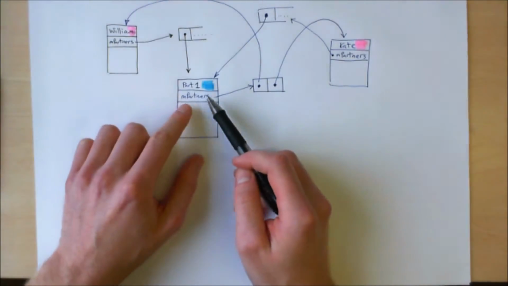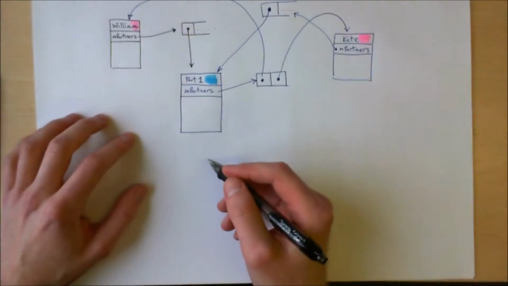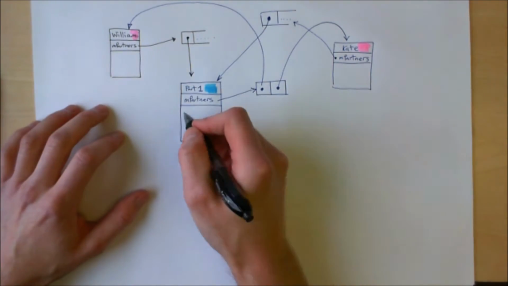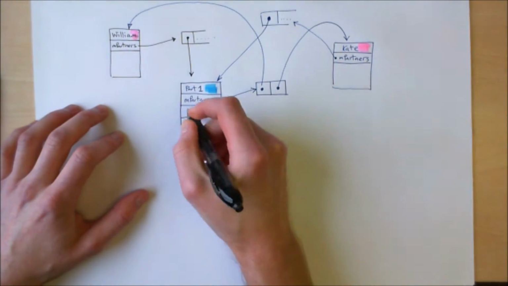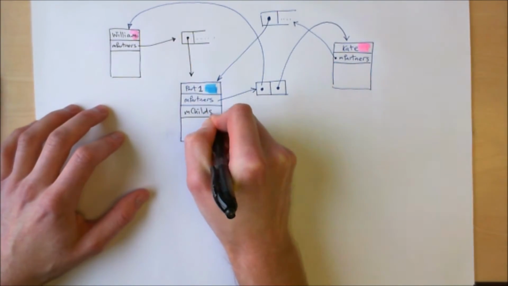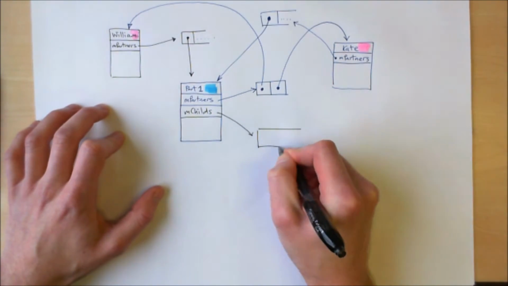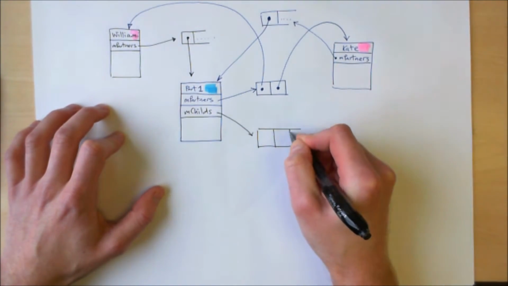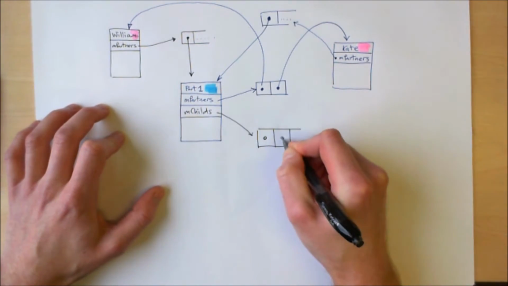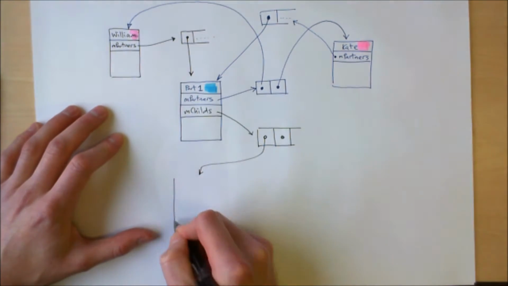We've got 2 person objects and we've got a partnership object which is linked to each of those person objects. We can also have in here another array which points to all of the children of this partnership. So in the case of this particular partnership, there are 2 person objects in it.